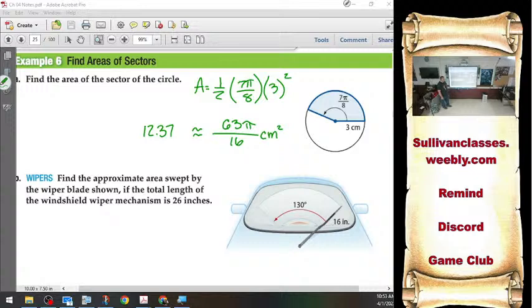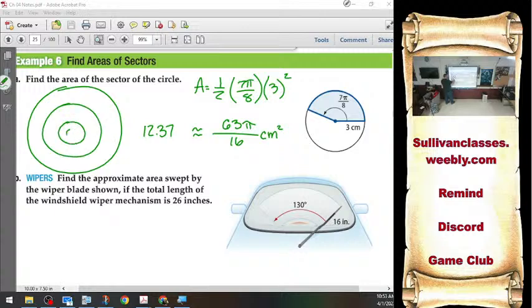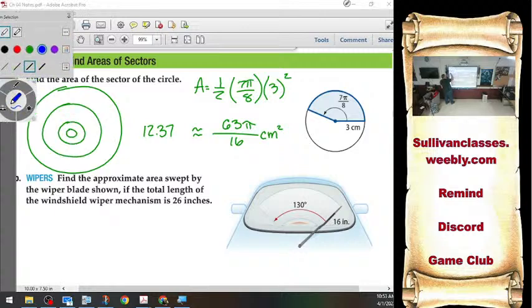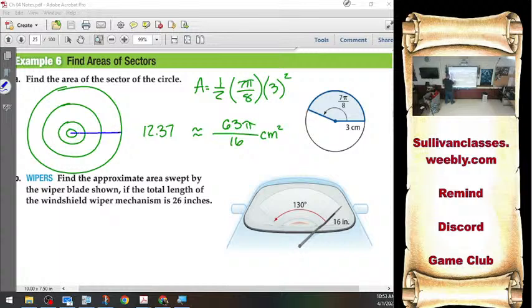To do the next problem, do you remember the donut problems or the dartboard problems from geometric probability, where they'd say something like each ring is 1 inch or each ring is 2 inches. Find the area of the shaded portion.